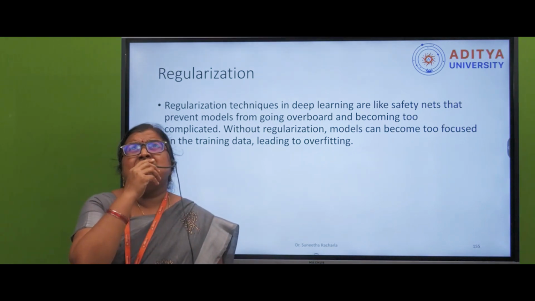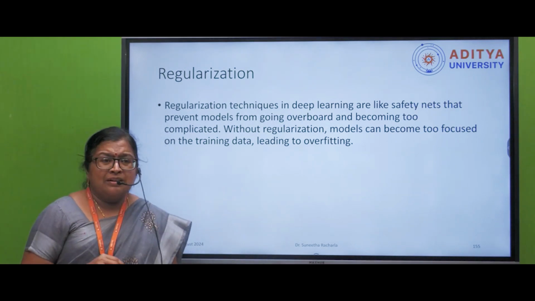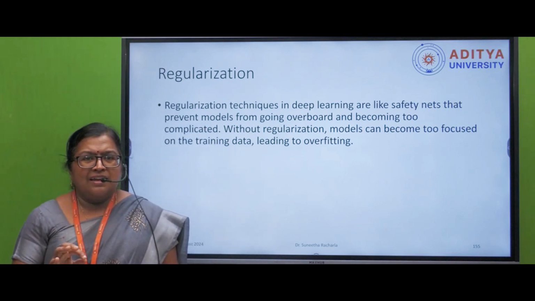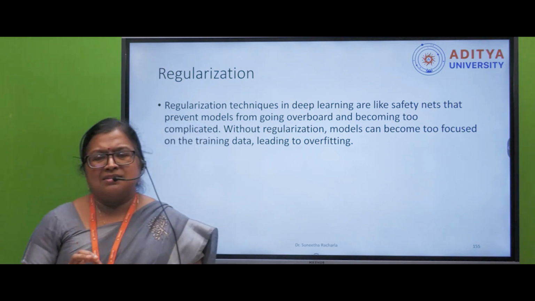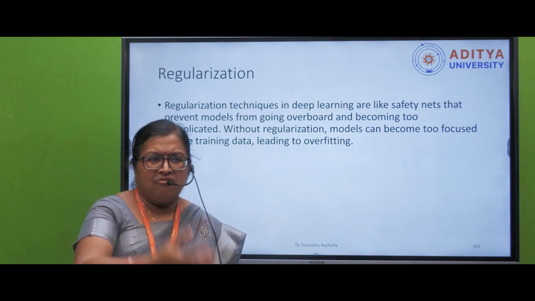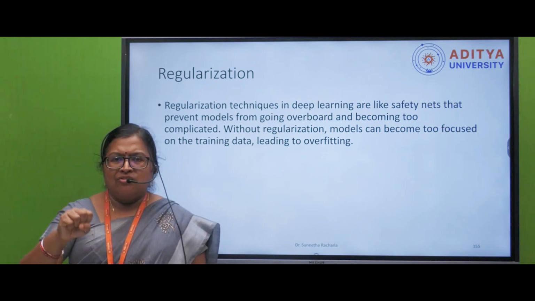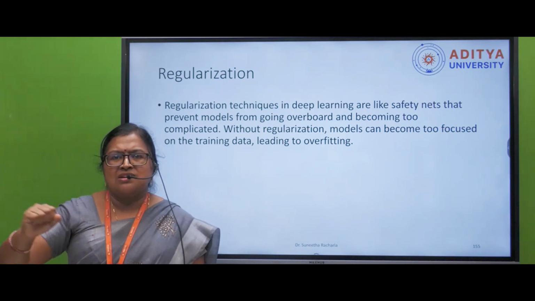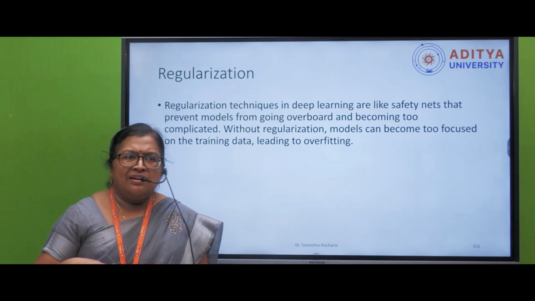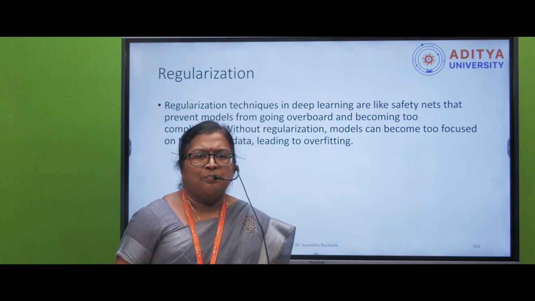Regularization is nothing but training the data set so that it will see that the model, whatever machine learning or deep learning model we have made, stays only focused on the training data and the accuracy. It will reduce the overfitting problem.